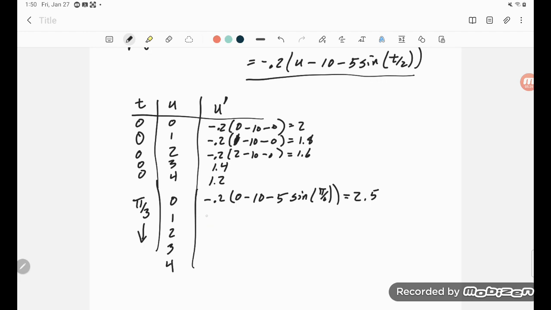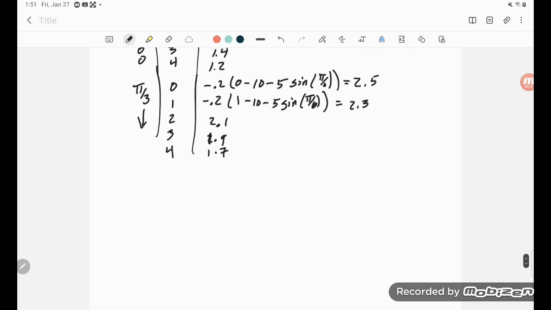And then at 1, minus 0.2, 1, minus 10, minus 5 sine pi over 6. And so that will be 2.3. And then I'll get 2.1, 1.9, I guess, and 1.7.